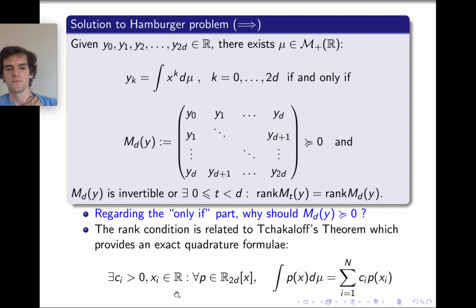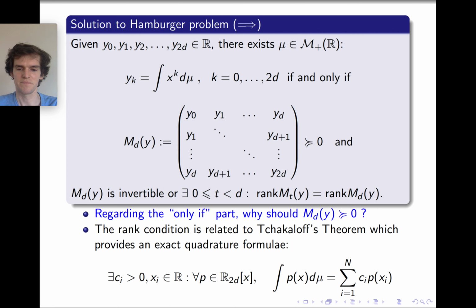Essentially, it tells you that there exist some coefficients ci and some real numbers xi, such that for all polynomials p, this integration can be figured out by just looking at p at the support, these xi's. This works for any p. So this is something that is widely used in numerical integration, but I'm not going to delve too much into the details here.